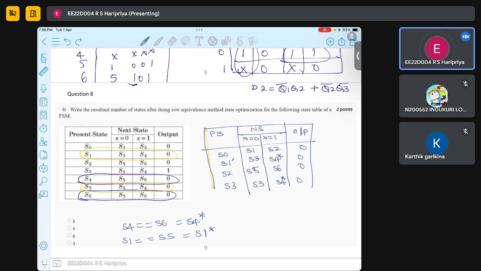The next S4 is already written. No, S4 we have written. S5, S5 is yeah, S1 star. And S6, S6 is again S4 star.